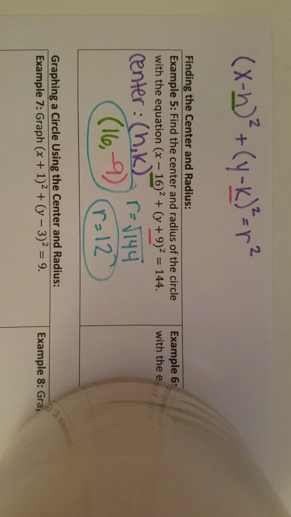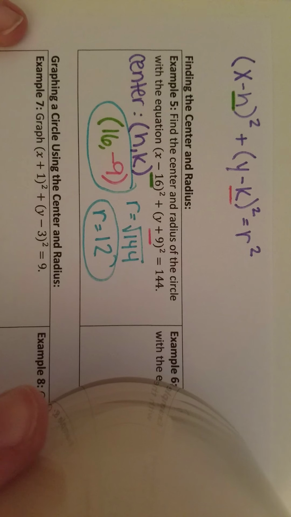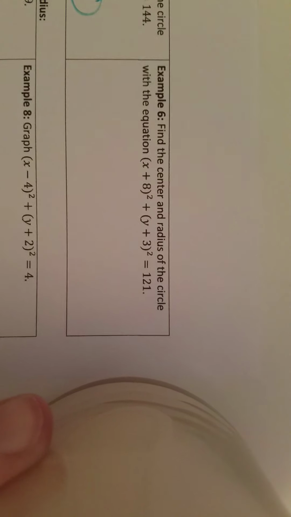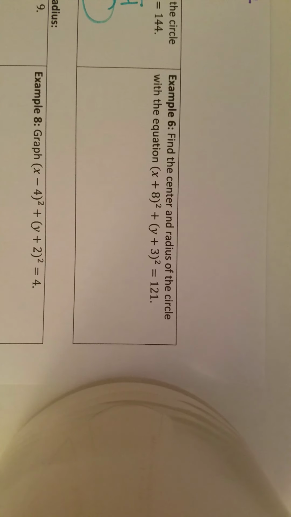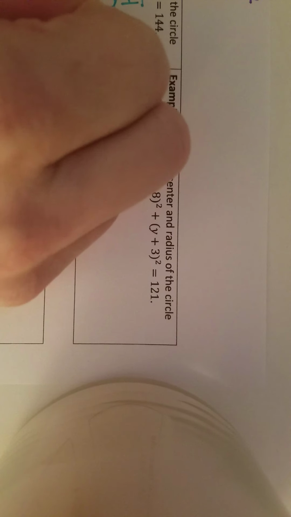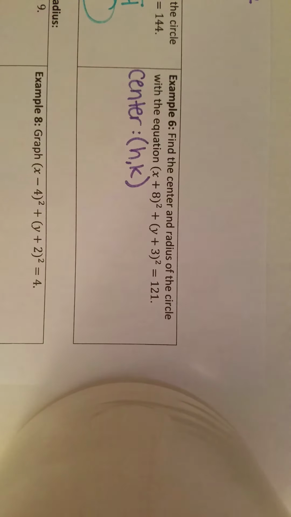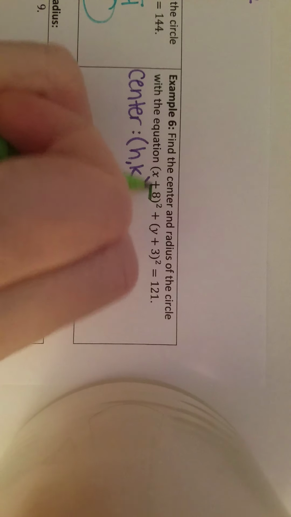We're going to do this one more time. So if we look over here, we're going to work with the center first. So the center is h comma k. And so this is plus 8, but the original was a minus.